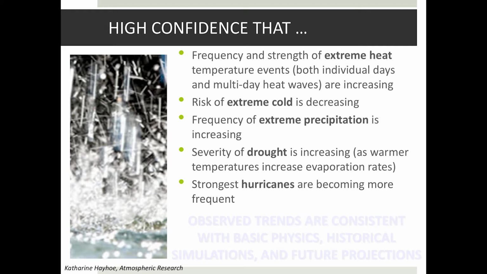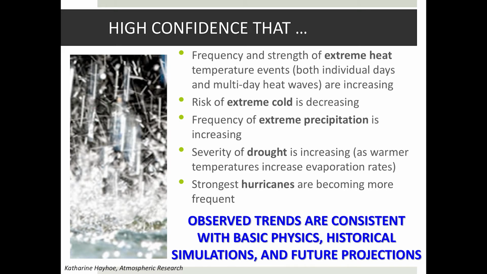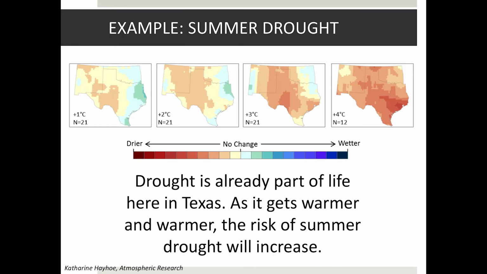And here, the key thing is that these results are consistent with our basic understanding of how the Earth system works. They're also consistent with projected trends, and there's a lot of agreement among models. So one of those examples is about what future drought might be like in Texas as temperatures continue to increase.